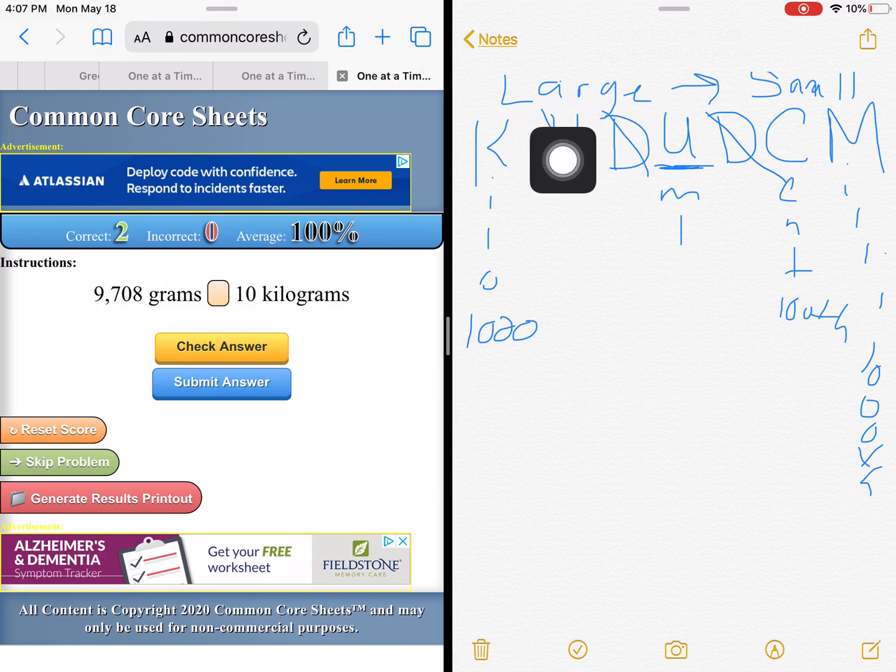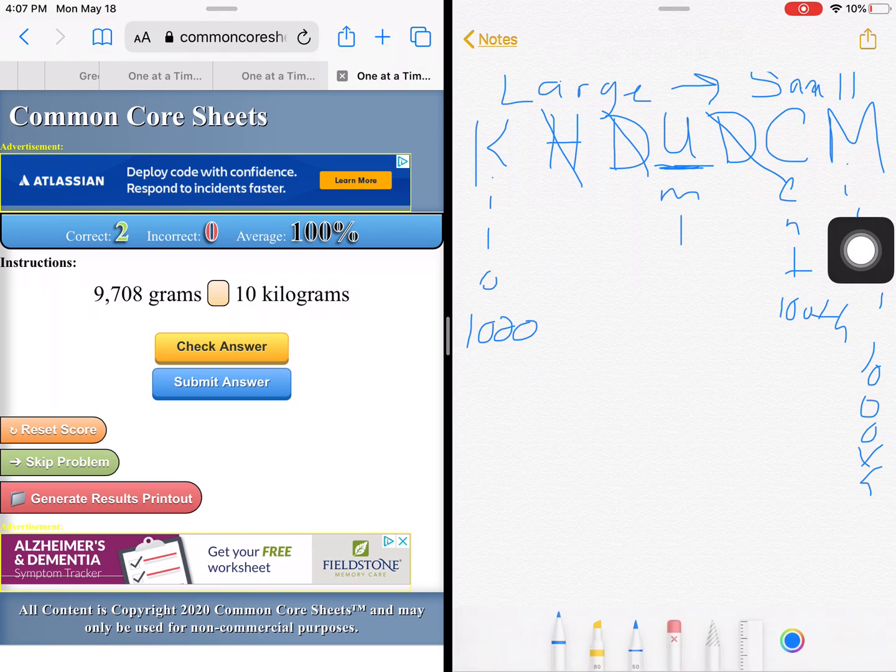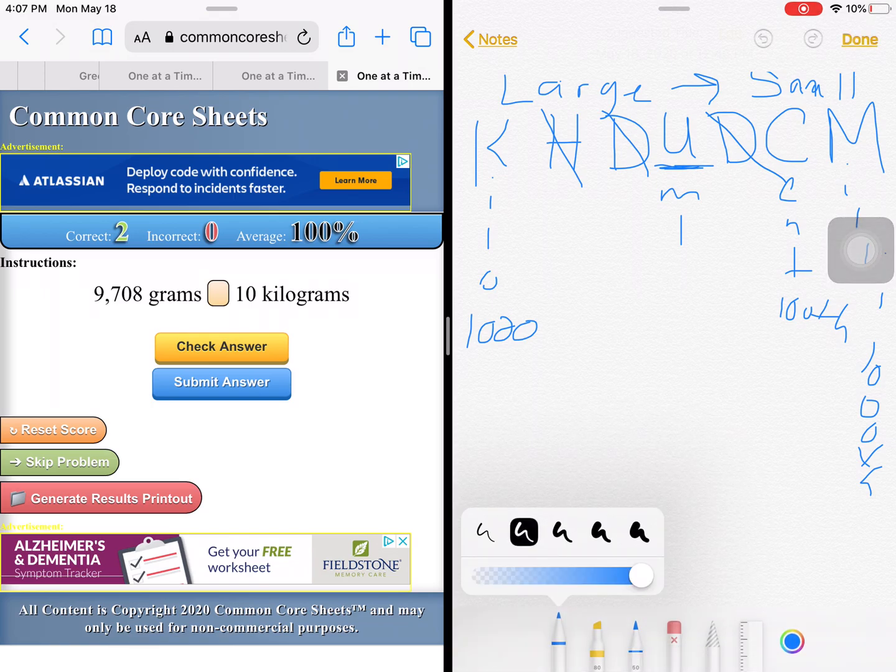That's the largest unit, and that's 1,000 of the units. And we're not going to do hecto, deca, but we know that the units are meters, liters, and grams.